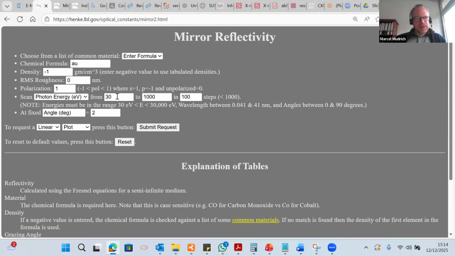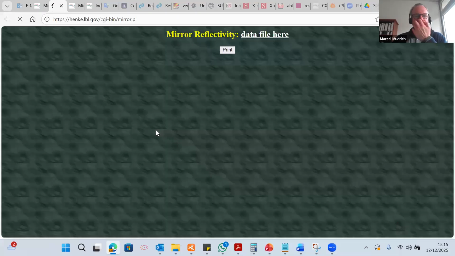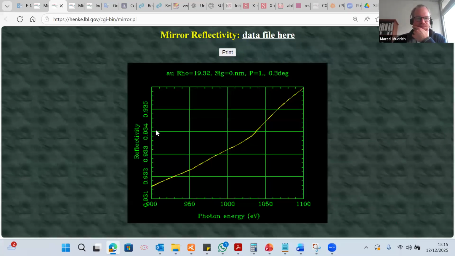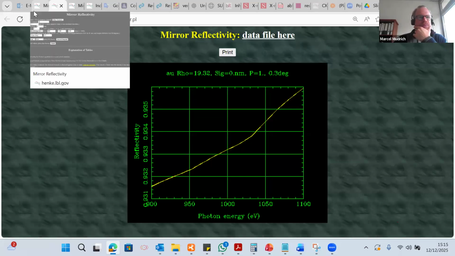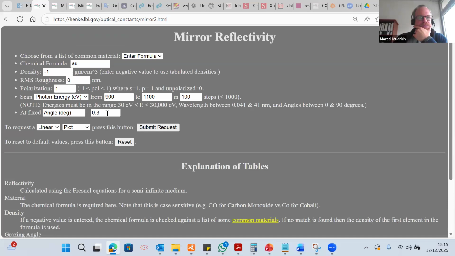And we are interested in the reflectivity at, what was it, 1 keV. So does anybody have suggestions about which angle we should use?